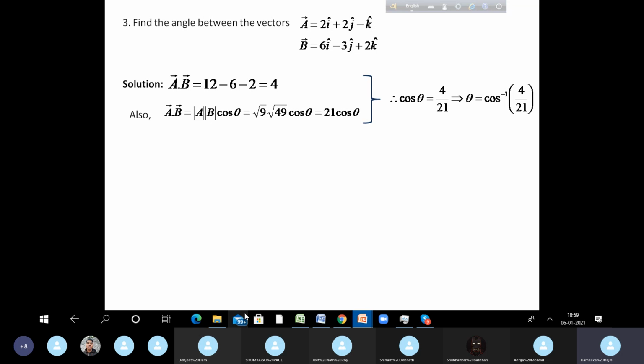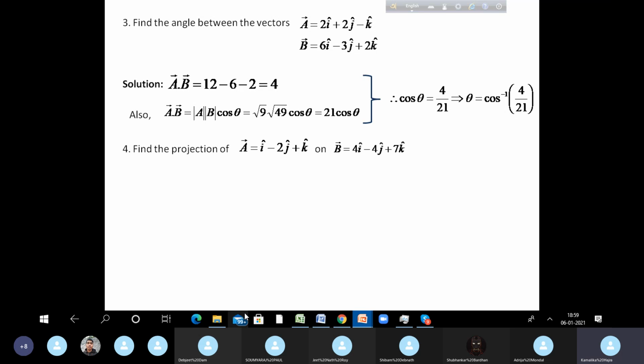This is a very typical, very often given problem. Two vectors are given, you are asked to find the angle between them. So you find the dot product once in component form and once in the angle form. Equate the two, get the angle.